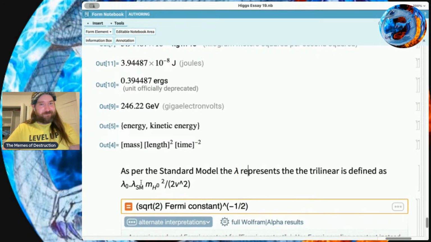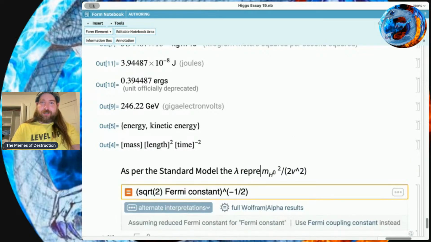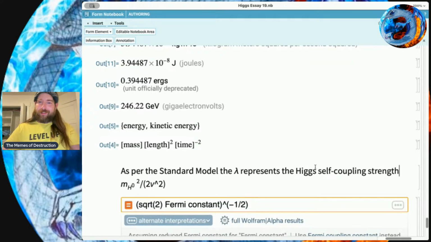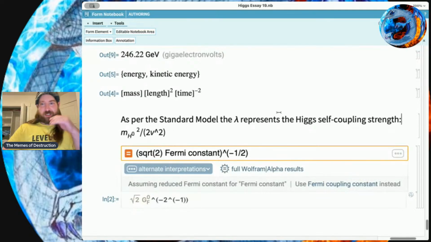Presents the Higgs self-coupling, instead of coupling. In the standard model, lambda represents the Higgs self-coupling strength.